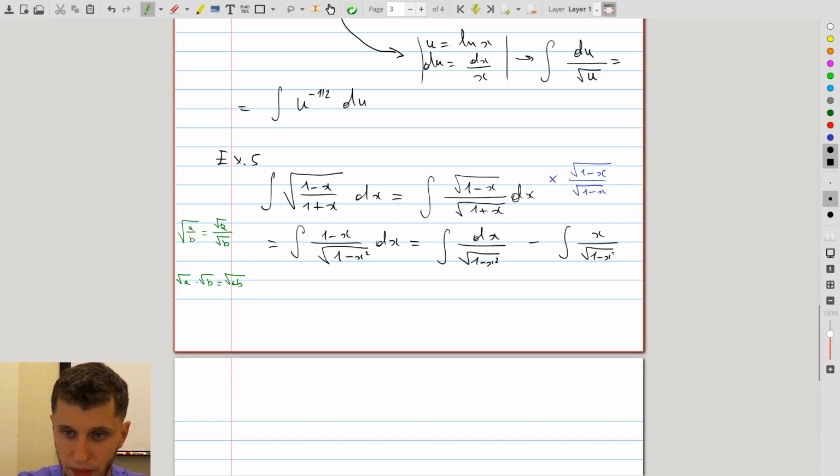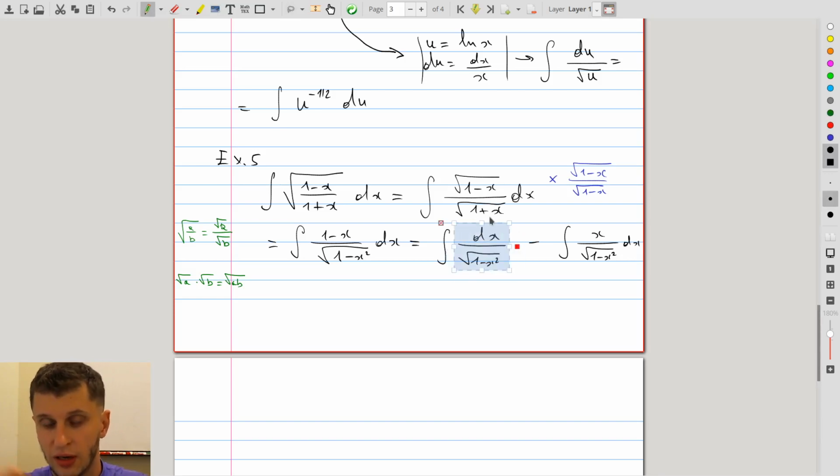Now, the first integral is of a standard form. It's a standard expression for which there is a simple antiderivative, and you should know what that antiderivative is. It is one of the standard functions in our course, and you should certainly look at the handout on standard antiderivatives that you have under the Files tab on Canvas.